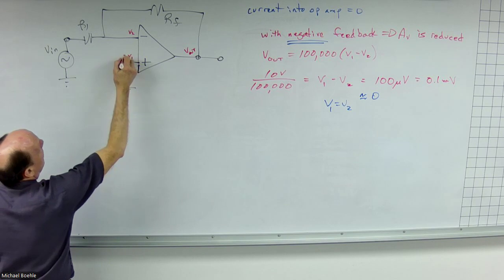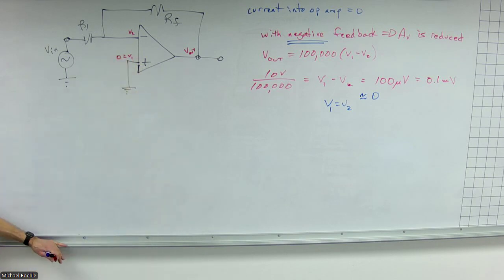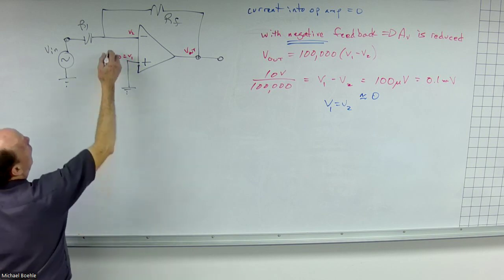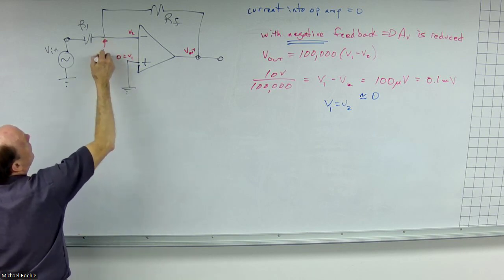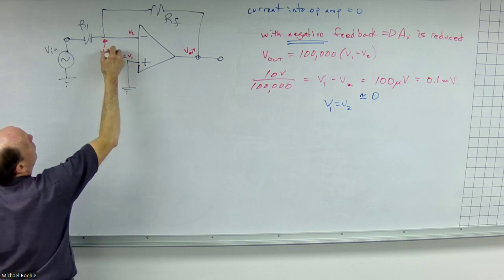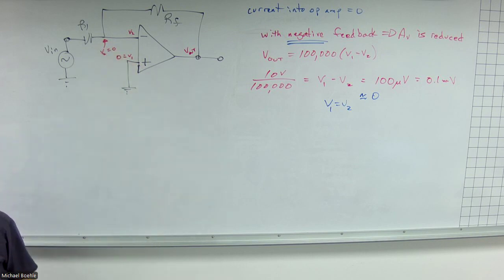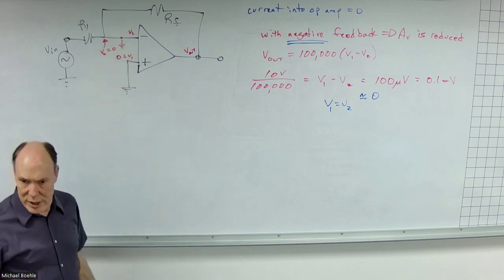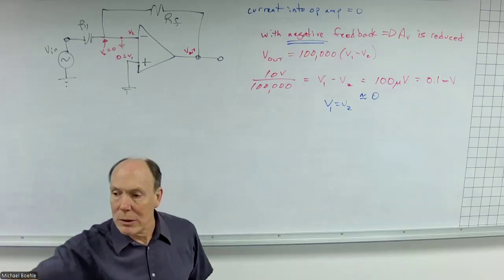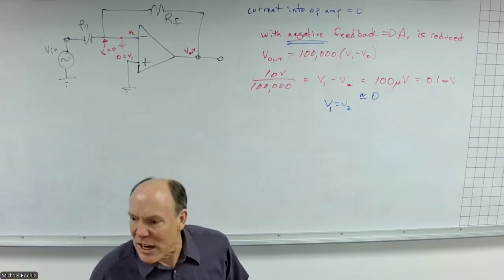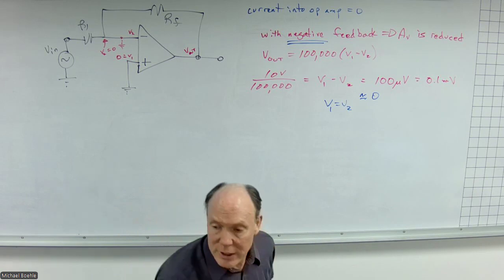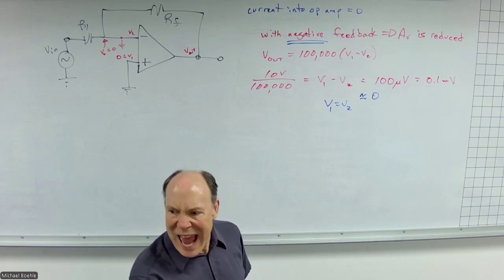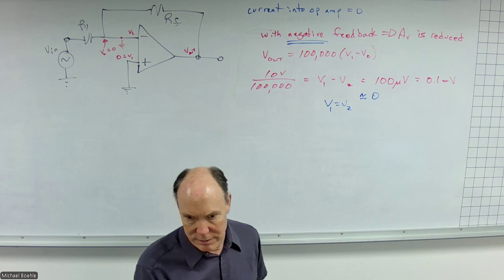With these two assumptions, because V1 is connected to ground, the voltage is 0. That also means that the voltage V2 is also 0. That creates what is known as a virtual ground. Now, I say virtual because it's not actually connected to ground. There is no path for current flow, but it will act like ground.